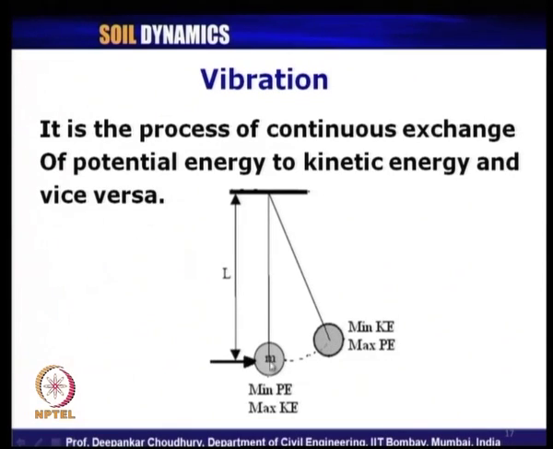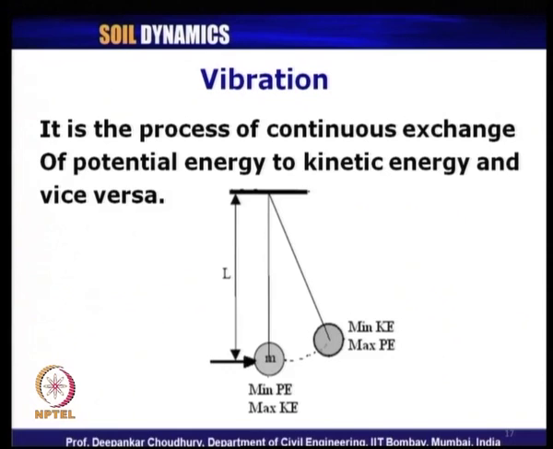When the mass is at this position, it has minimum potential energy but maximum kinetic energy, and when it goes to this position, it has minimum kinetic energy and maximum potential energy.